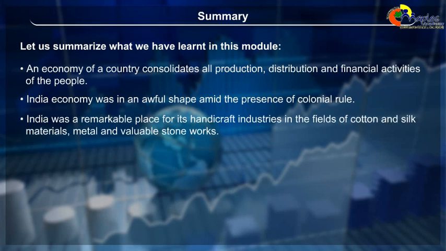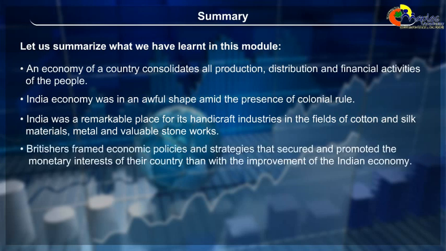India was a remarkable place for its handicraft industries in the fields of cotton and silk materials, metal and precious stone works. The Britishers framed economic policies and strategies that secured and promoted the monetary interests of their own country, rather than the improvement of the Indian economy.